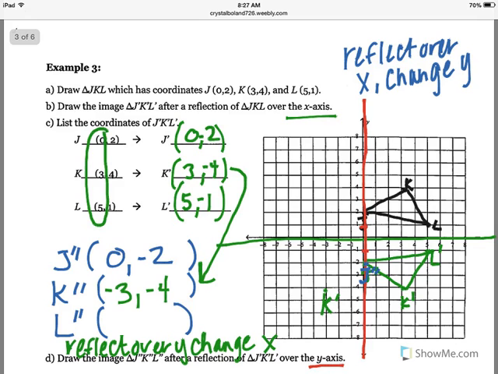We can check this by counting that K prime is 1, 2, 3 away, and K double prime is also 1, 2, 3 away. I can use my rule to find L double prime. For L double prime, I'm going to do the opposite with the x, which is -5, and keep the y, which is -1. So L double prime would be located right here.